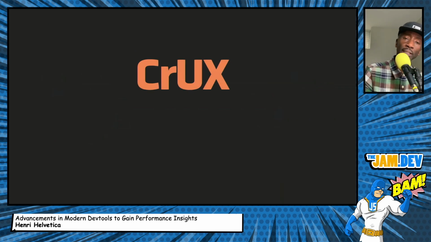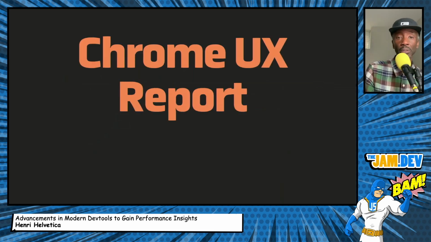Now, a lot of the RUM data that we're using is coming from CrUX. CrUX has been around for a while, and it stands for Chrome User Experience Report. That's a data set where we can pull from the network, Chrome, people have to opt in, but they can see how people are experiencing websites.